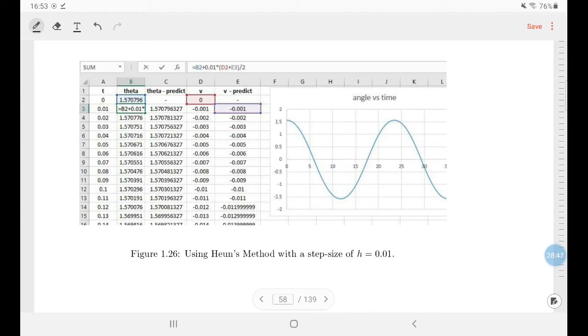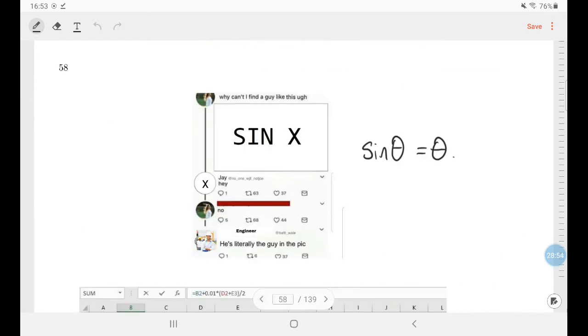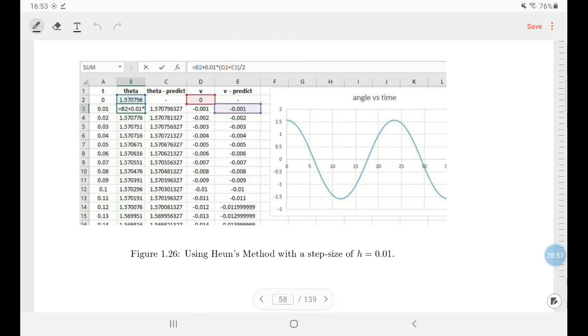Right, so here we're looking at Heun's method for the previous thing. Now I haven't done any of this by hand, so let's see. So we put in the initial value of theta, that's the pi over 2, and the initial velocity, which was 0. We calculate the two predictors. So the v predictor is equal to the previous v value, which is 0, plus the step size, which here is 0.01, times the derivative of v.